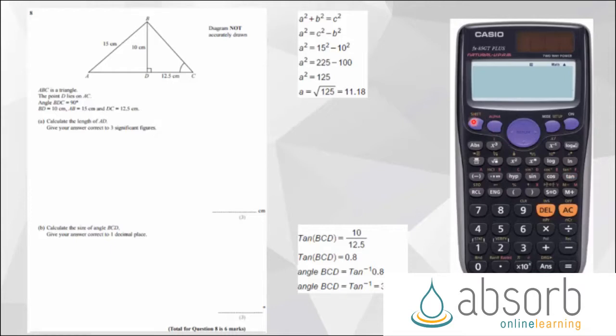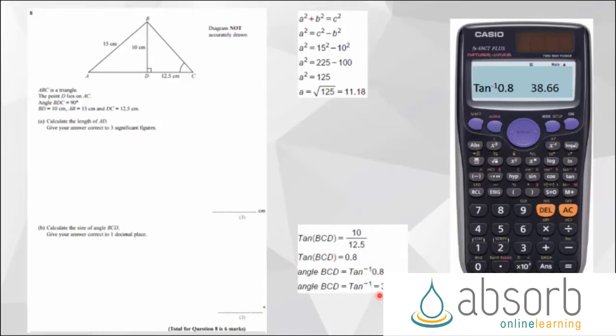Notice that the shift is also orangey, so whenever you press shift, the next button you press gives you what's written above it in orange, not what's in white on the button. We are pressing the shift button followed by the tan button, which would give us tan to the minus 1. That's what should appear on your screen. Then you put in your 0.8, then equals, and you get your answer of 38.66 degrees, which is what has been looked for.